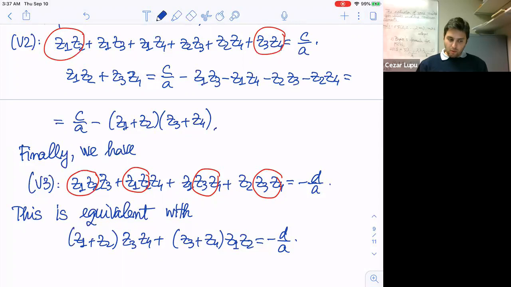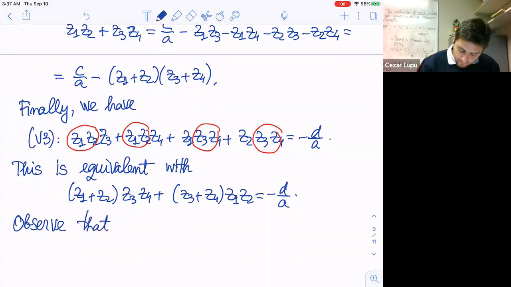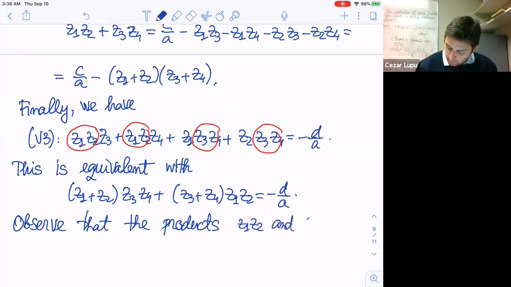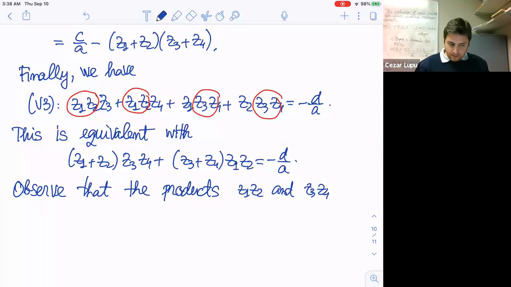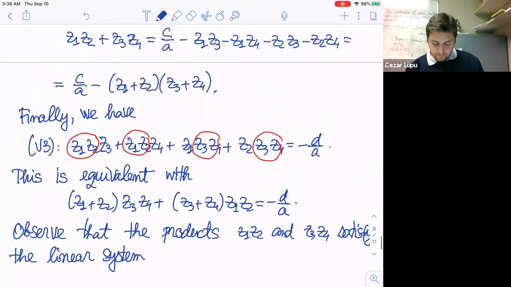Let's observe one thing. Observe that the products Z1, Z2, and Z3, Z4, these guys satisfy a linear system. If you look at them, right?